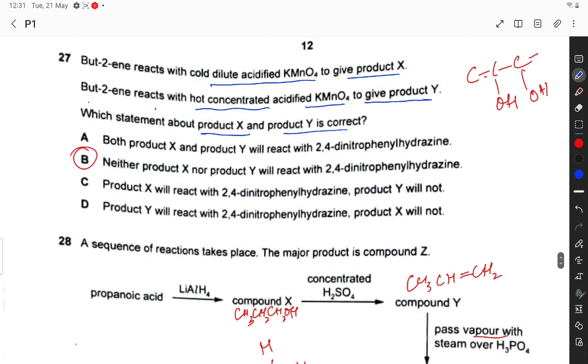When it reacts with cold acidified potassium manganate it gives, sorry, a diol is formed.